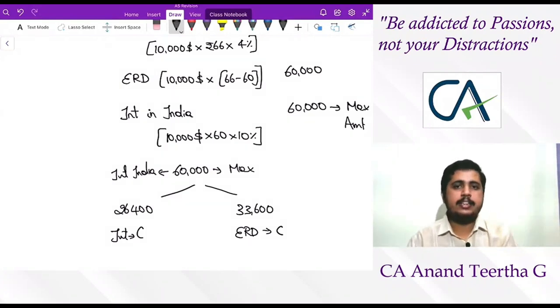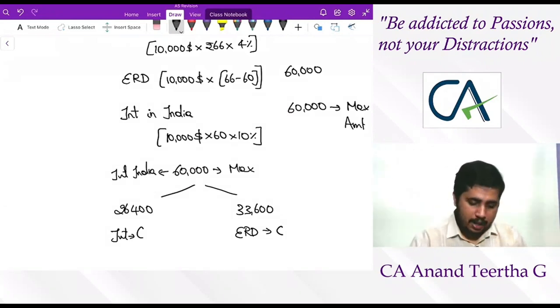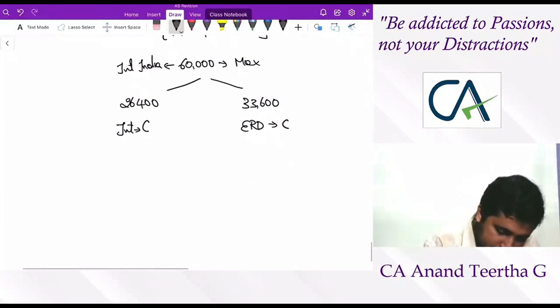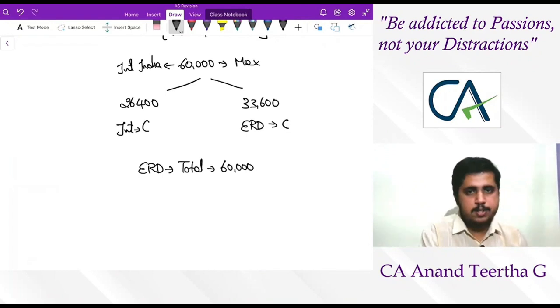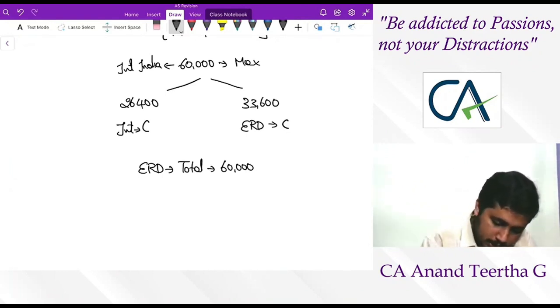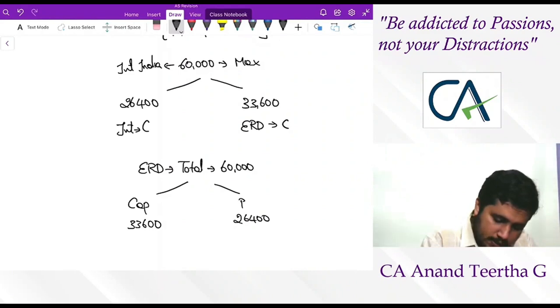The rest 33,600, even ERD is allowed to be capitalized. Now, coincidentally, even the ERD amount total is 60,000 according to the question. It's a coincidence, okay? It will not be the same. Now, of this, capitalized is 33,600, which means the other 26,400 will go to P&L.